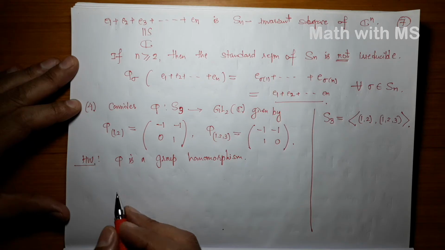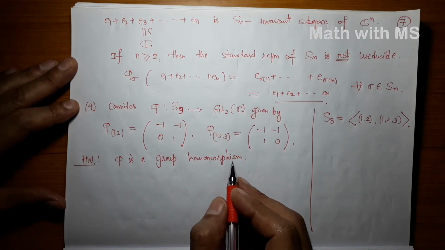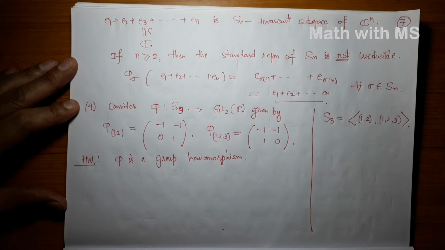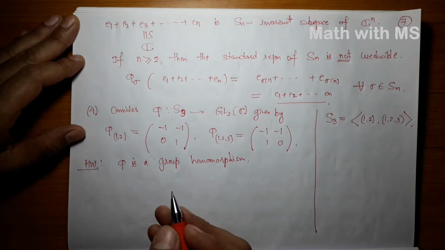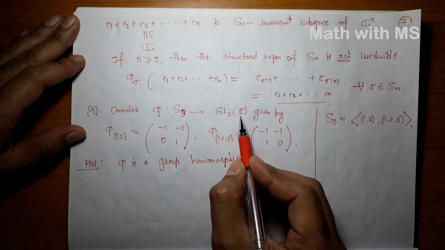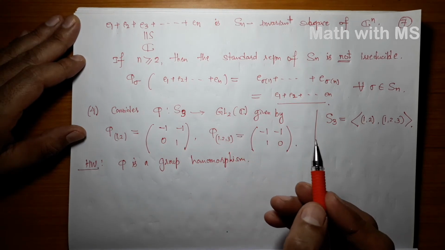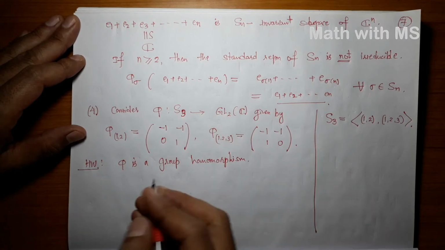All right, so my claim is that this phi is irreducible. Suppose it is not irreducible, that means it has a proper G invariant subspace, right? Here our vector space is of dimension 2, so a proper G invariant subspace has to be of dimension 1, so it has to be generated by one non-zero vector, right?